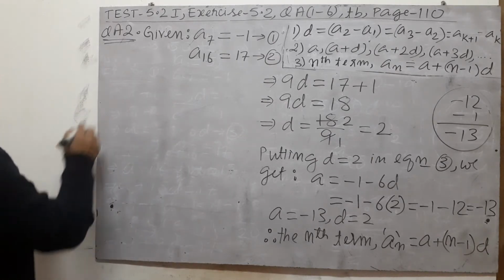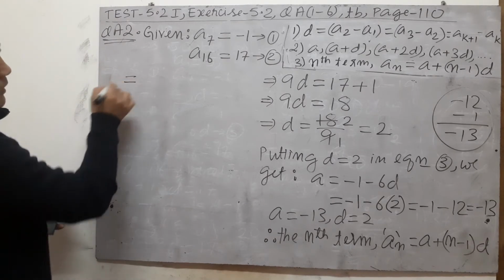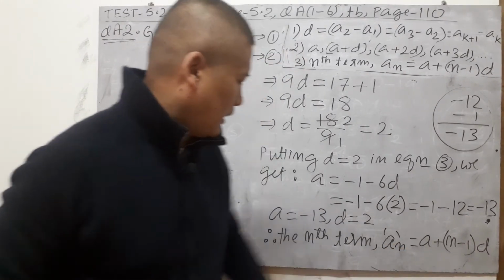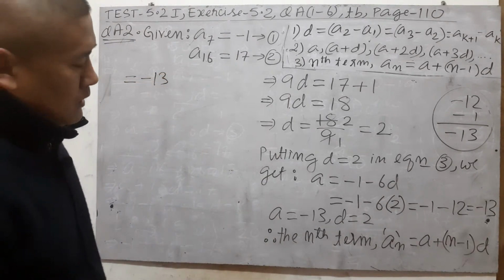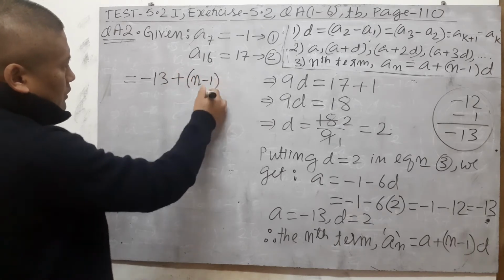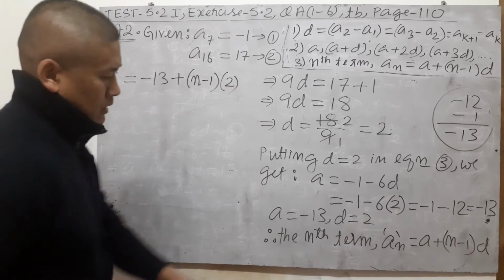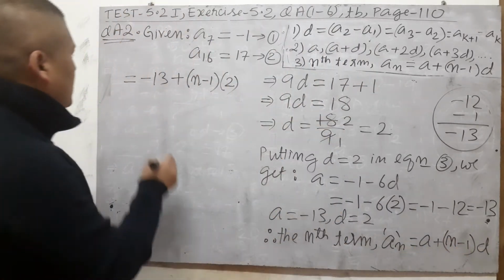So that implies a here is minus 13, and then plus n, which we don't know, so n minus 1 into d, which is 2. As we can see, d is 2, so we're replacing this d by 2.